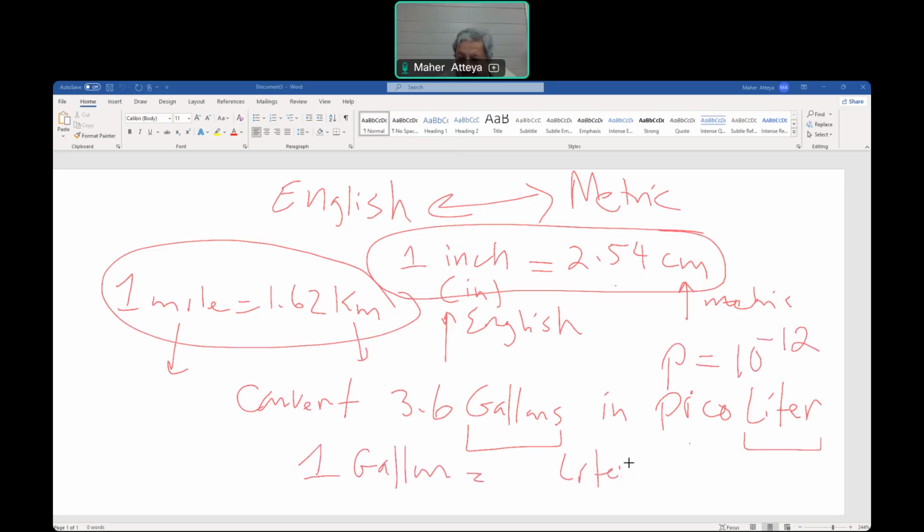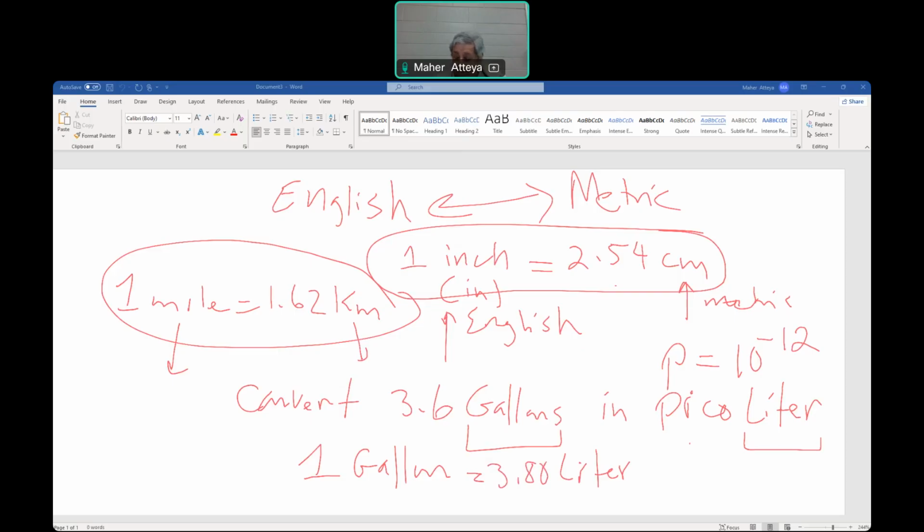The gallon is bigger than the liter, as the mile is bigger than the kilometer, correct? And this is around, I would say, 3.80, just a number.